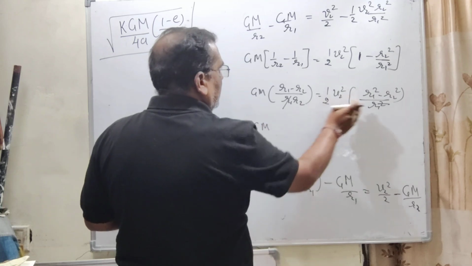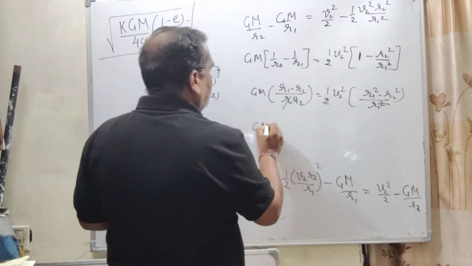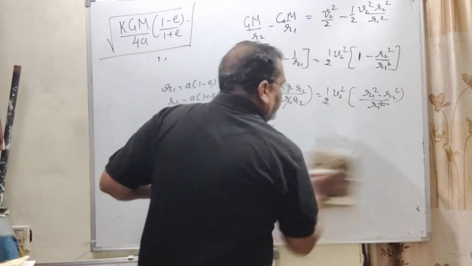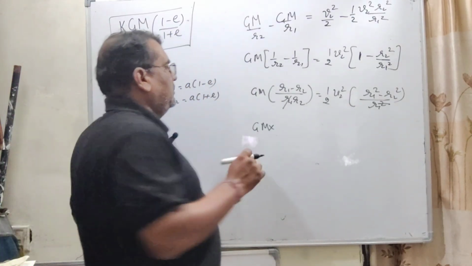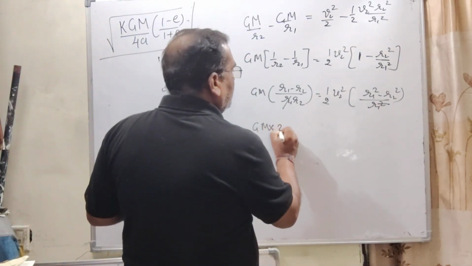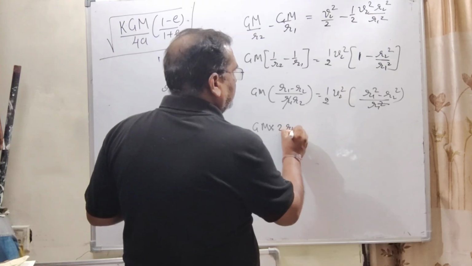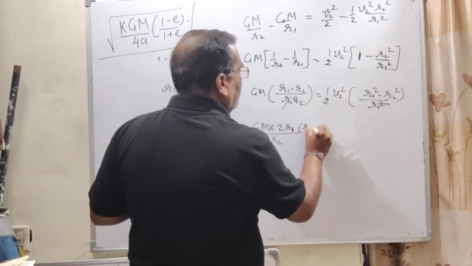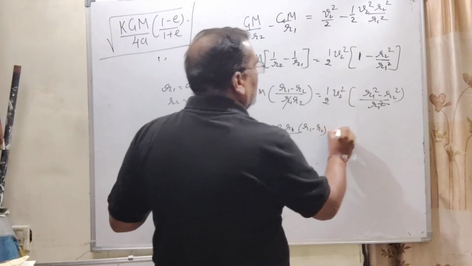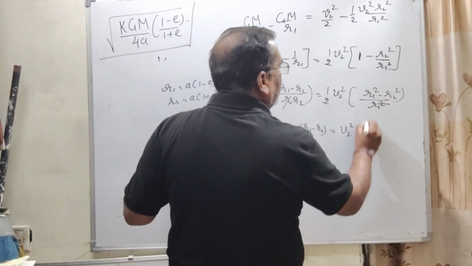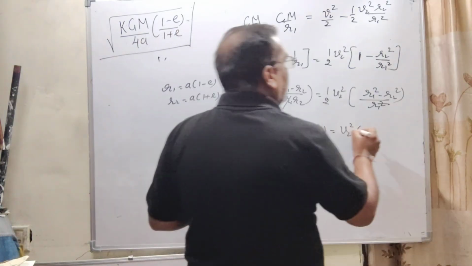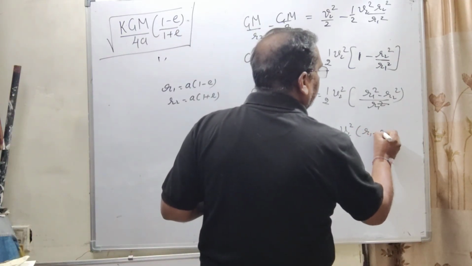Then G M, this r1 and this 2 taken to the left side in the numerator, 2 r1 upon r2, this is r1 minus r2, v2 square, by using the identity a square minus b square equals (a plus b)(a minus b).